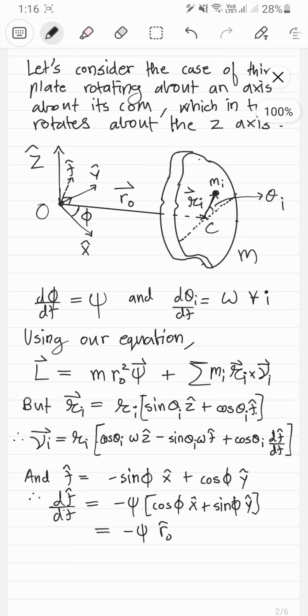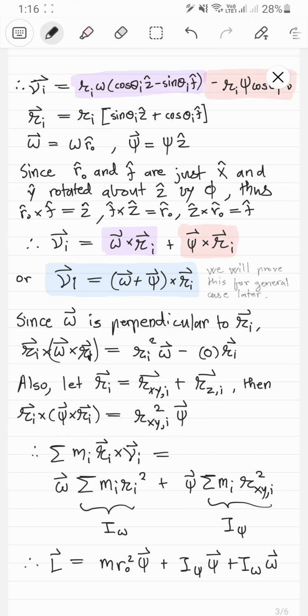And then basically ri cosine is the distance from the vertical axis going through the center of mass, right? But anyway, you can write this orange term as psi vector cross ri vector.